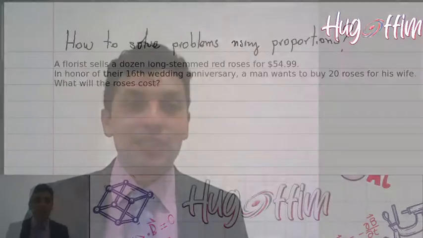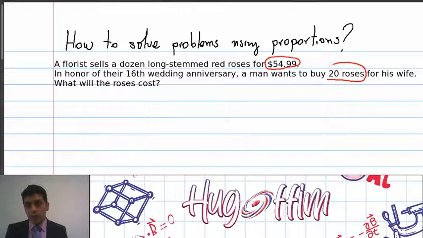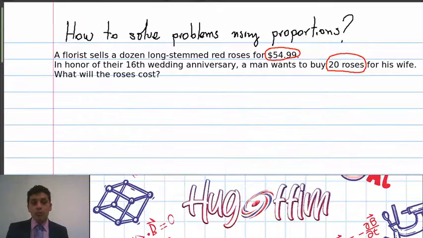Let's see in the situation, what are we measuring? As you can see here, we are measuring money. That is the price of the roses. And he's saying that he wants to buy 20 roses. So we also have number of roses. I'm going to write my two magnitudes here.